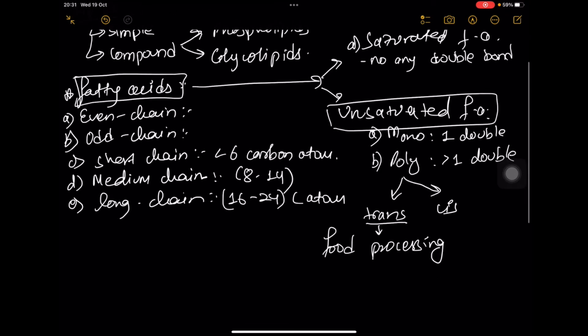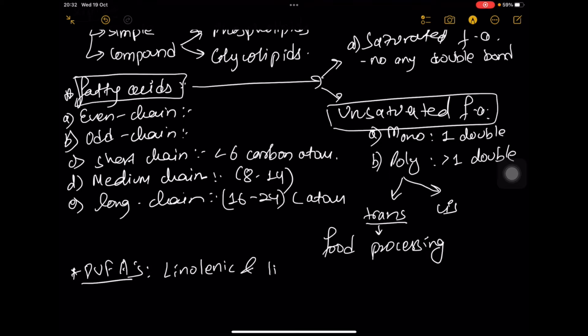So we should know the main two PUFAs that are very important. That is linolenic acid and linoleic acid. These are the essential fatty acids. Essential fatty acid means they are not synthesized by the body, so they should be supplied through the diet.